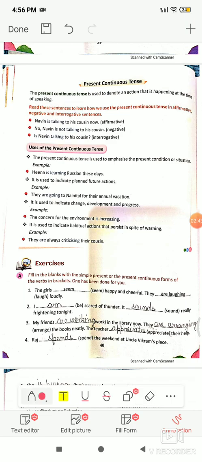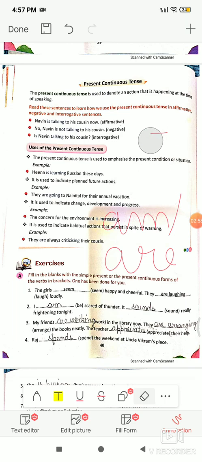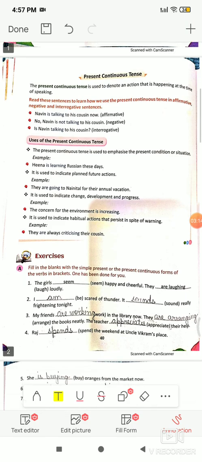So the simple formula for present continuous tense is subject plus is, am, are plus first form of verb plus ing.